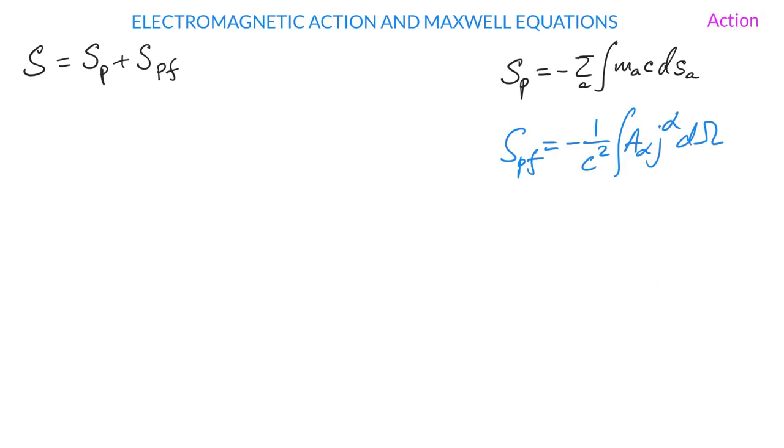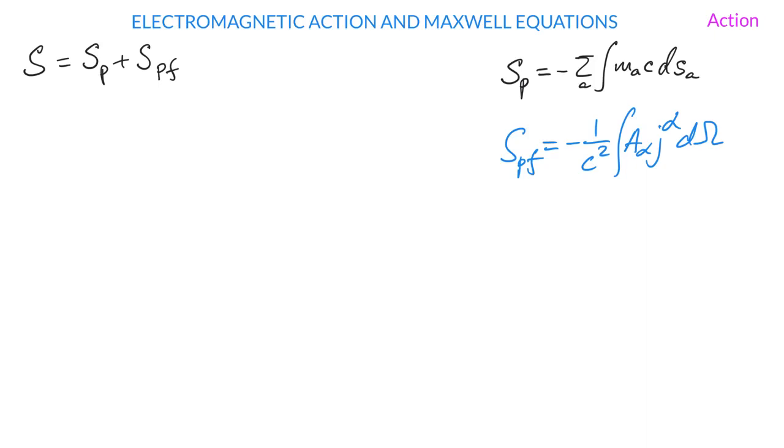Now we can come back to our action. So let's recall what we know so far. When we looked at the equation of motion of a particle in an electromagnetic field, we came up with this action that consists of two parts. The part that only depends on the trajectories of the particles, it looks like this, so it has no reference to the electromagnetic field.